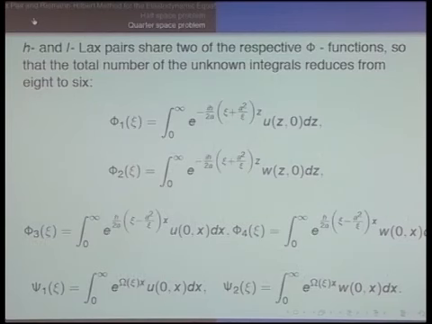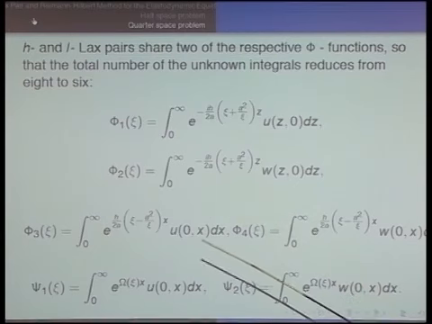And what is the idea of the joint uniformization? Exactly like before, we tried to make the unknown functions the same in the old and the new complex plane. Now we could try to make the functions for the first Lax pair and for the second Lax pair the same, but only for one set of the unknown functions.